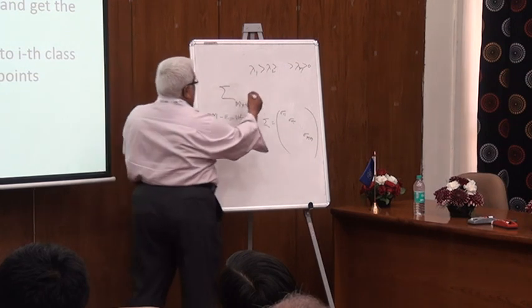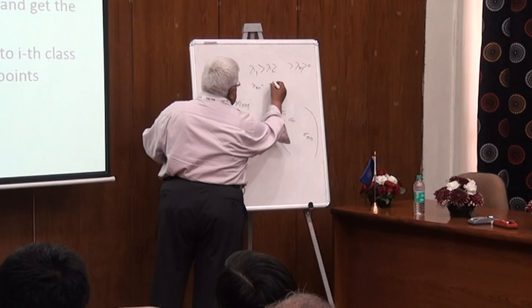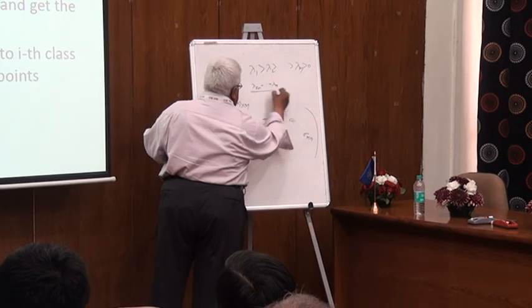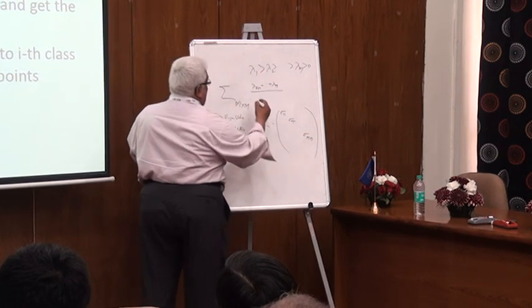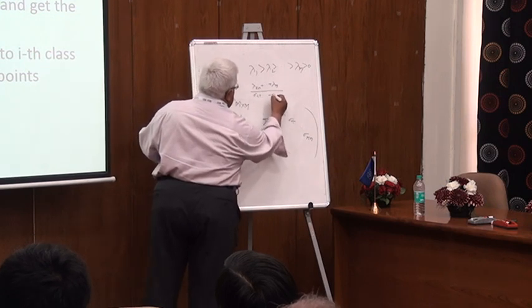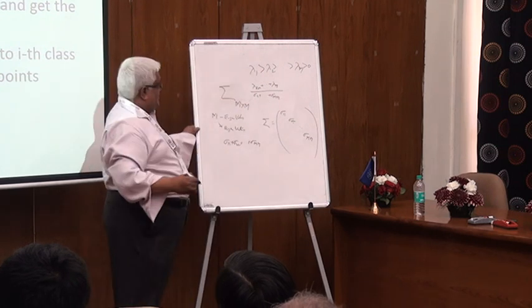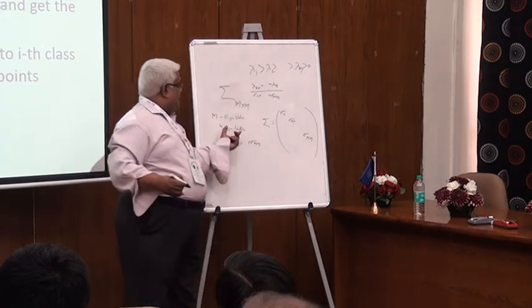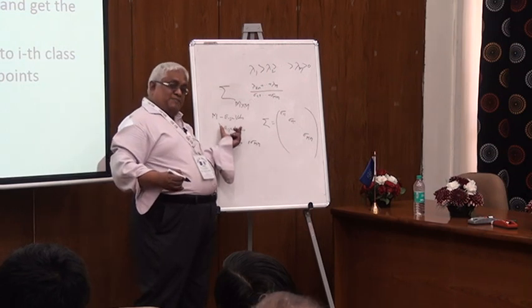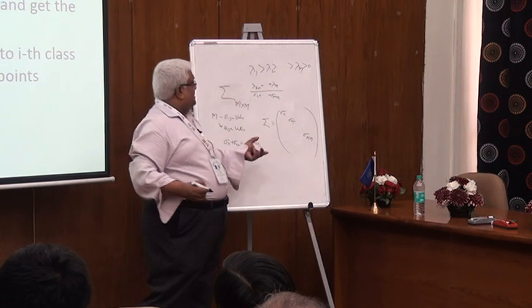You have to find a k for which lambda k plus 1 plus up to lambda m, divided by sigma 11 plus up to sigma mm, which is the total variance, is small. If I take the first k eigenvectors, the first k principal components, then how much information am I losing?